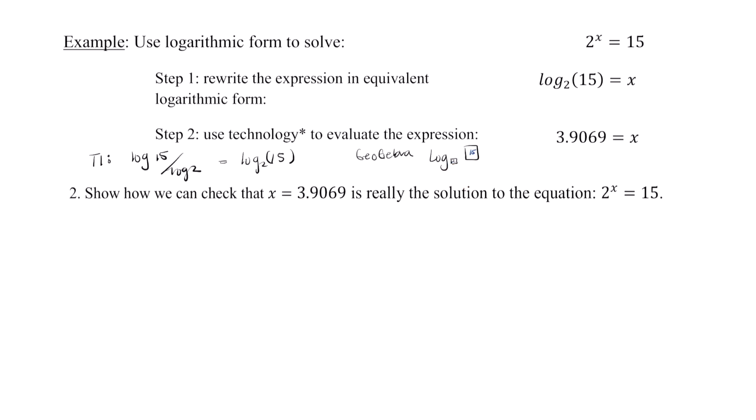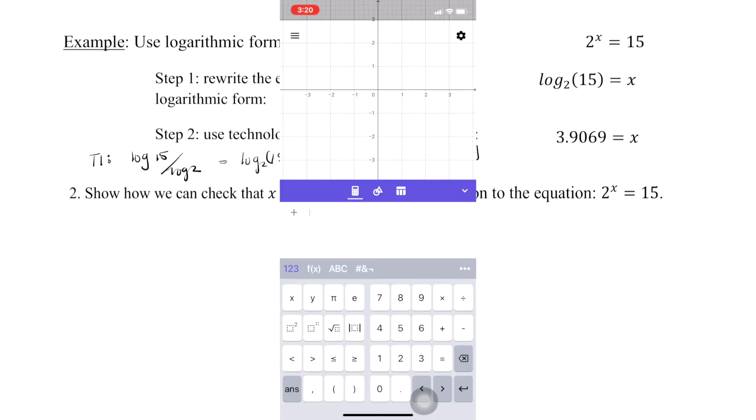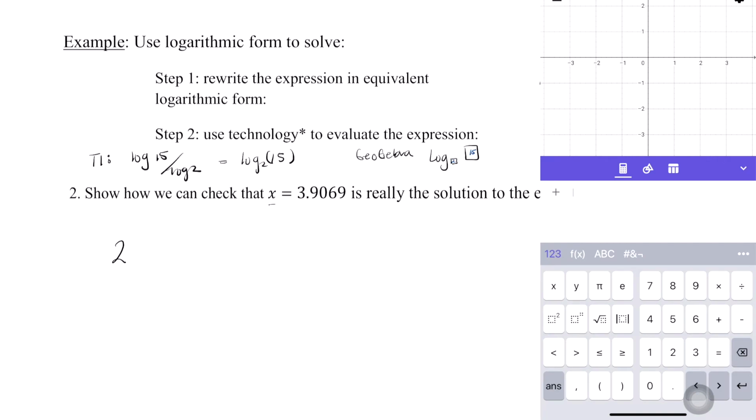All right, so for part 2, we're going to use technology to check that x equals 3.9069 is really a solution to the equation 2 to the x equals 15. I'm using GeoGebra, so please go ahead and take out whatever device you happen to be using GeoGebra on. Even if it's a web browser, go ahead and open that up. So we want to check that this is actually a solution, so we're going to type 2 to the 3.9069 power into our calculator.